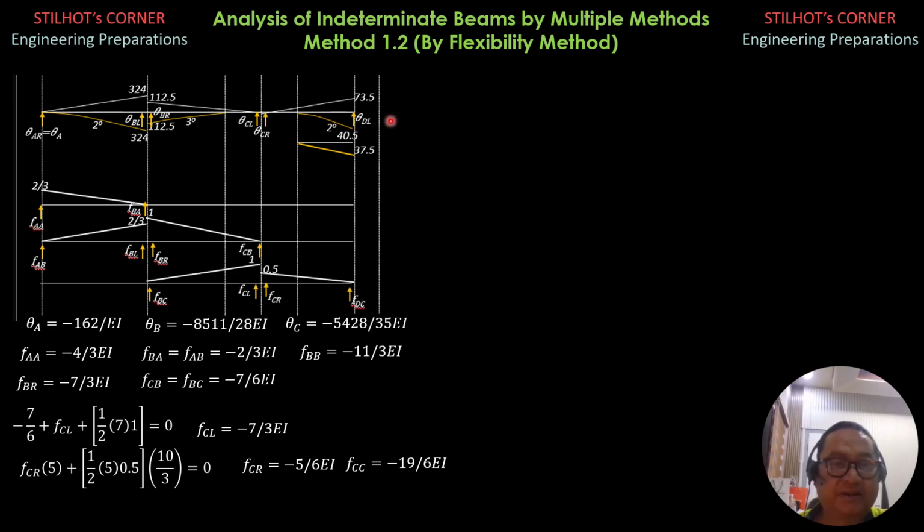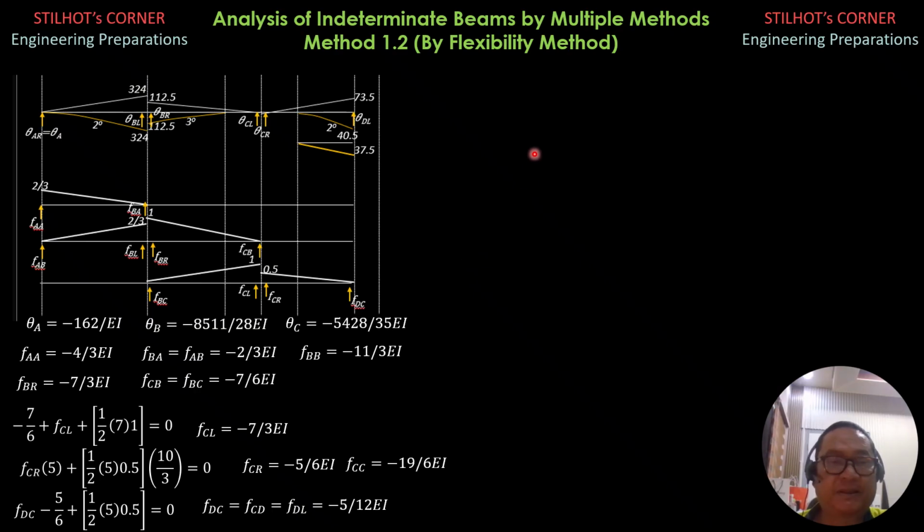That's the compatibility equation. So let's solve for FDC first. Summation forces vertical. FDC plus FC right, which is negative 5/6, plus area 1/2 of 5 times 0.5 equals 0. So FCD equals FD left, also equals negative 5 over 12 EI.